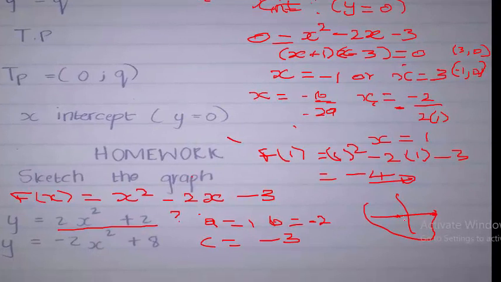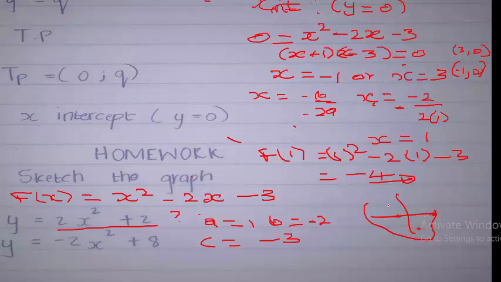To sketch this graph, you are going to consider where your turning point is. It's at 1 and negative 4, right? So x is 1 there, negative 4 is right there. That's where we plot.